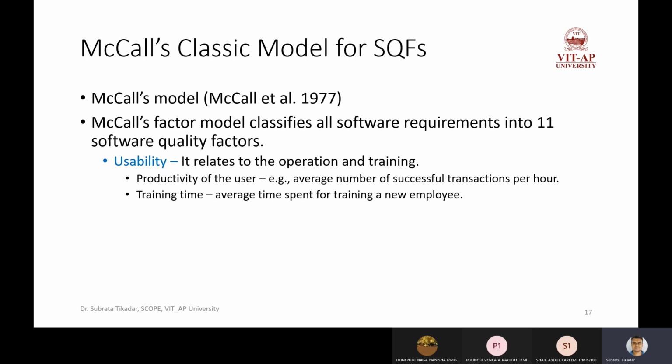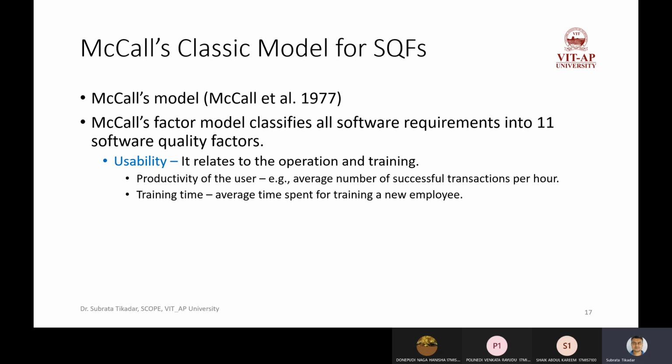Then coming to the usability, so it relates to the operation and training. Productivity of the user is the average number of successful transactions per hour. Training time is the average time spent for training a new employee. So in McCall's model, the usability is defined in two directions.